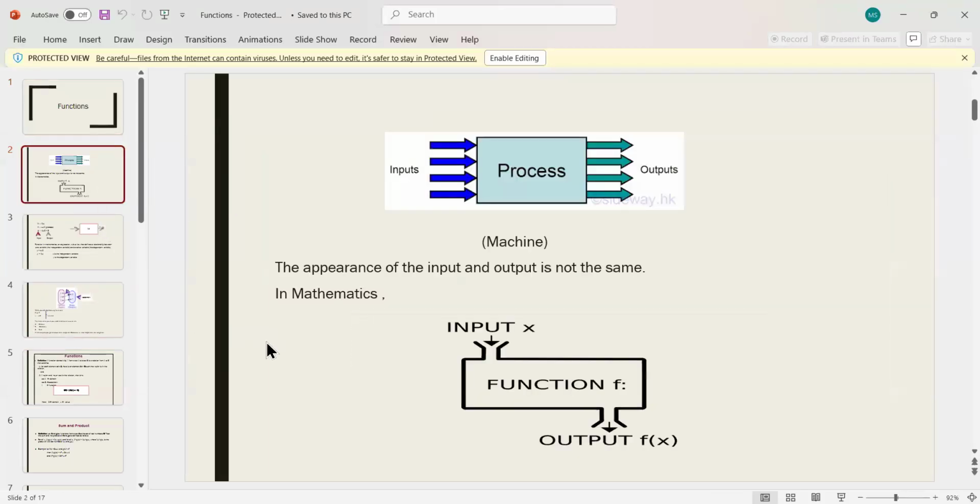Can you see this? Now this is the one I said. Now the input, the process can be a machine, then the output, right? The appearance of the input and the output is not the same. In mathematics, you call this the input. The machine, the process, is known as the function, and then the output.